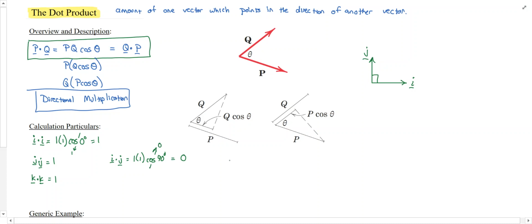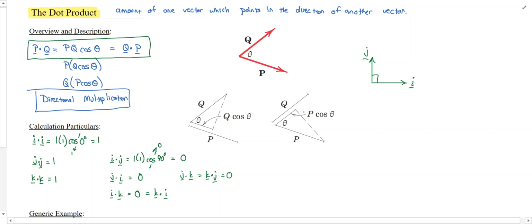So this is a 0 value. If you were to take J dot I, it wouldn't matter. That would be 0. If you were to take I dot K, that would similarly be 0, as would K dot I, and so would J dot K, and so would K dot J.